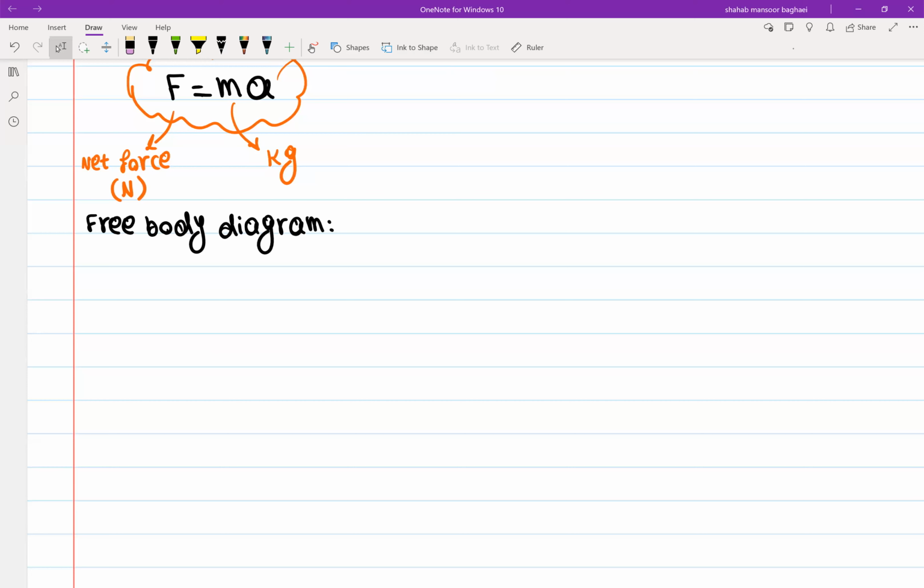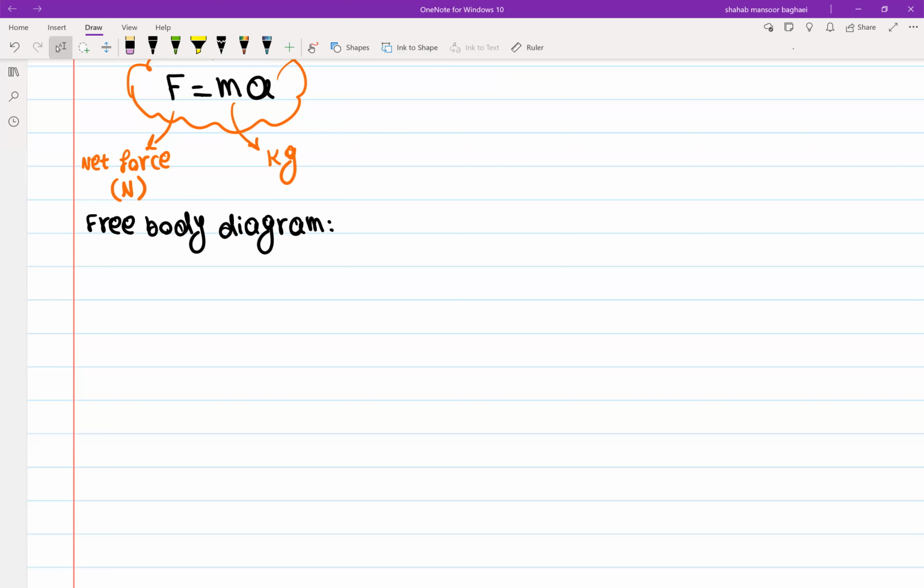Consequently, you have a force here, and the direction of this force is toward the Earth. It is toward the ground because of the gravity. I'll talk about it later, and I'll show you the equation regarding weight force.